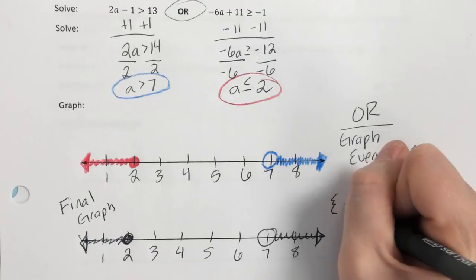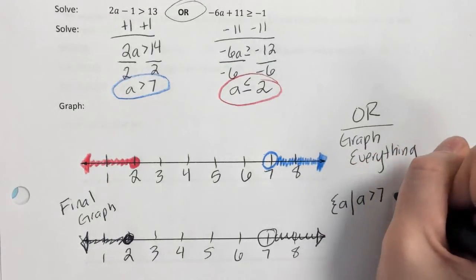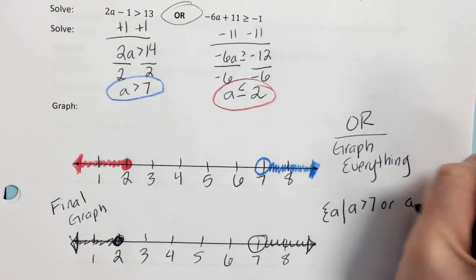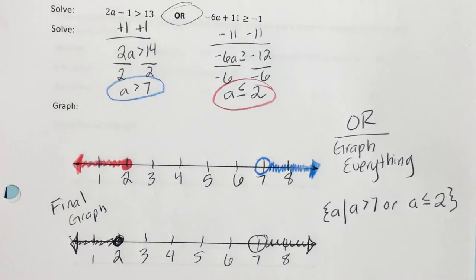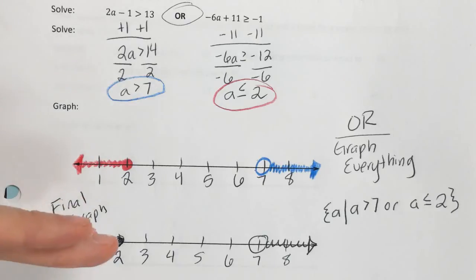So I'm going to say for all A is greater than 7, or, I have to write that word or, A is less than or equal to 2. So just like I said before, every single time you don't have to do 2 graphs. You're going to get to where you don't need that. It's just good to figure out where your final graph comes from.